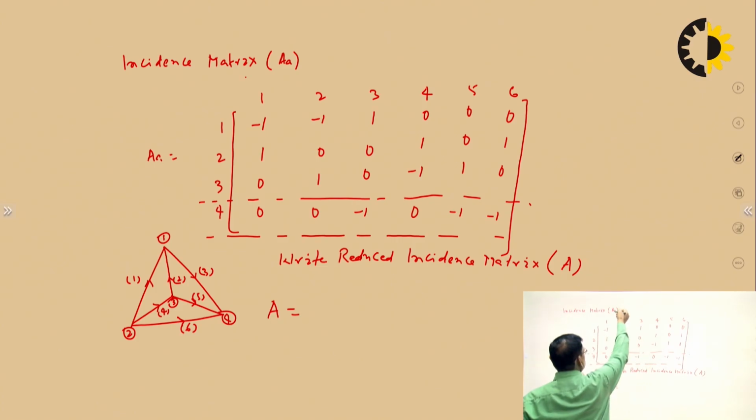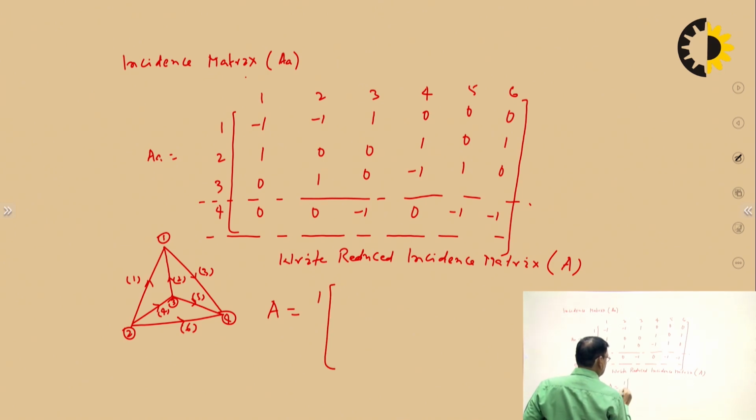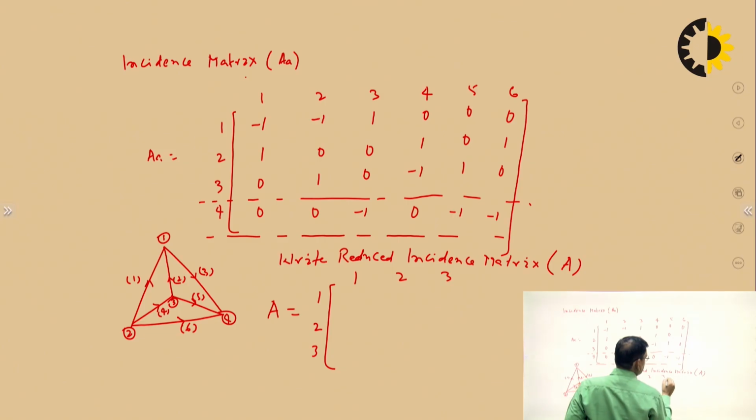Small a includes all the nodes, so it will be like this: nodes 1, 2, 3, and the number of columns will be branches 1 to 6.